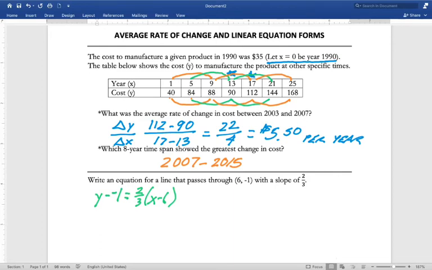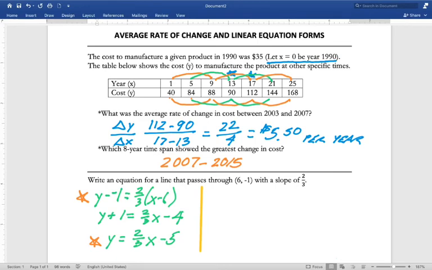But if we simplify this and convert it to slope-intercept form, this would be y plus 1 is equal to 2/3 x, and 2/3 times -6 is -4. So this would be y equals 2/3 x, and if I subtract 1 over, I've got -5. So point-slope form, slope-intercept form, either is fine.